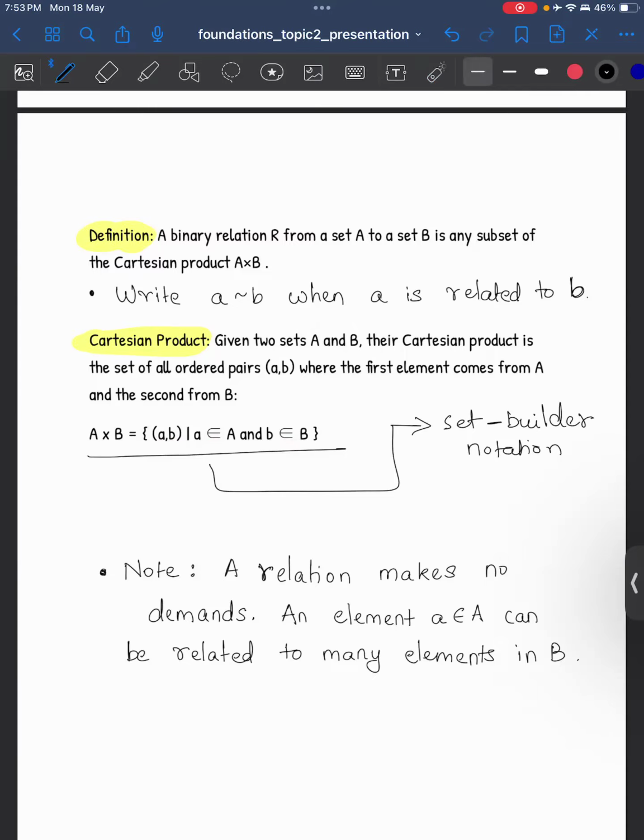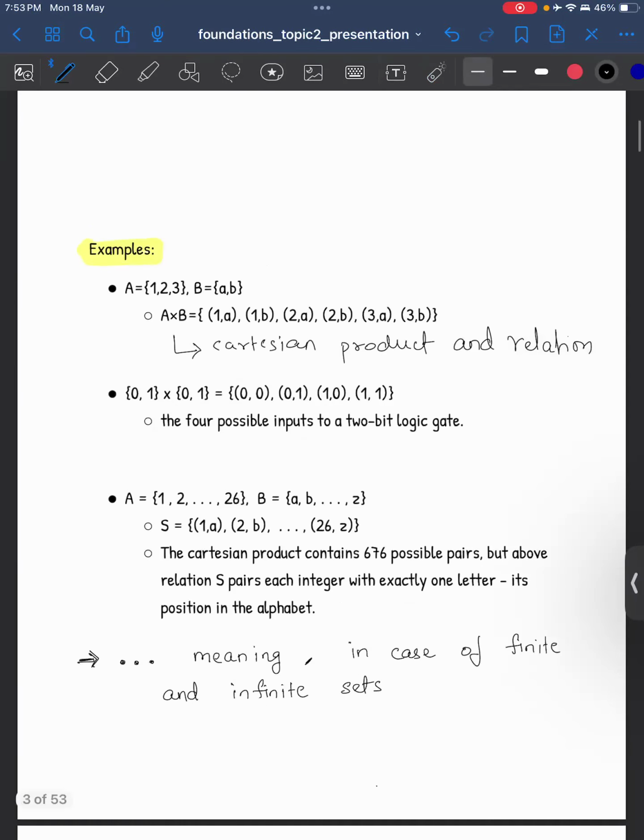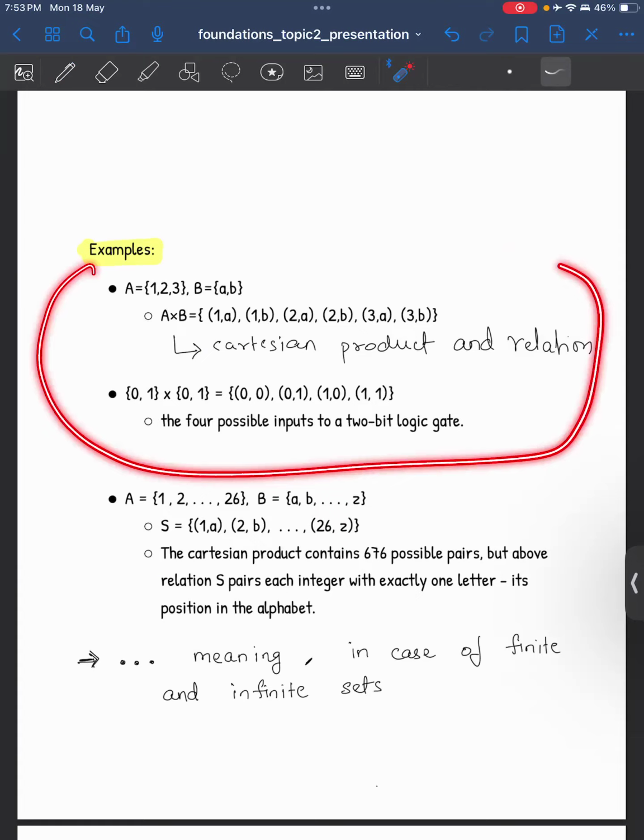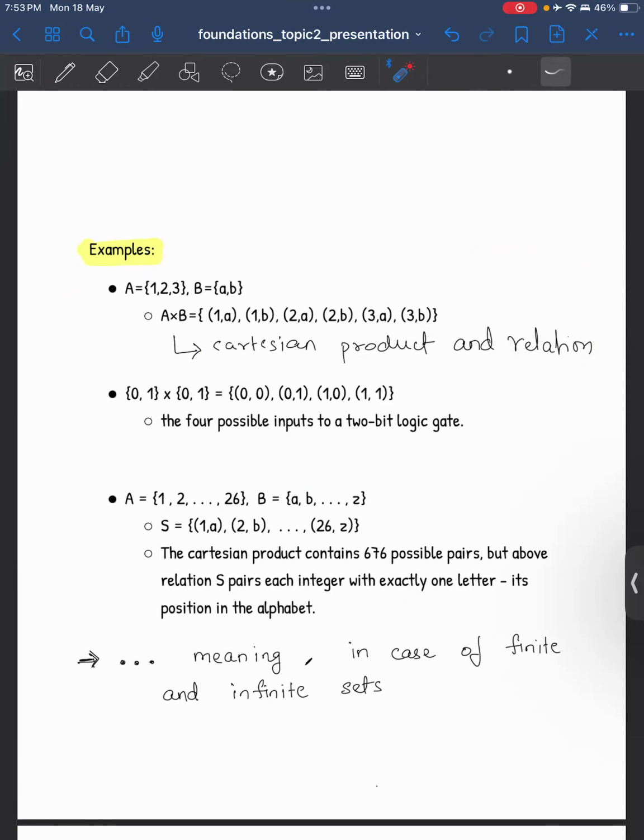Okay, let's see some examples of relations. The first two examples are Cartesian products. Since a set is a subset of itself, a Cartesian product is also a relation.